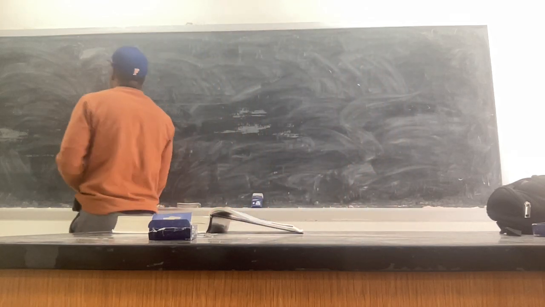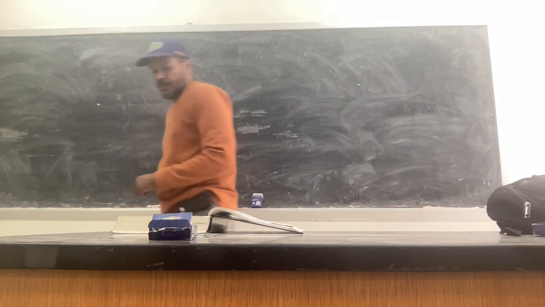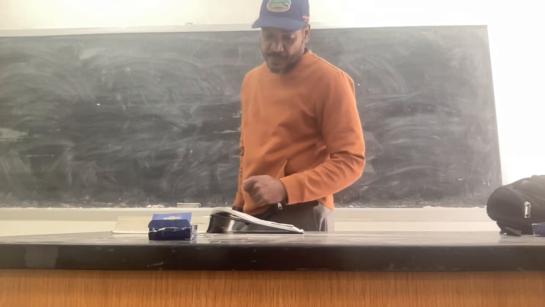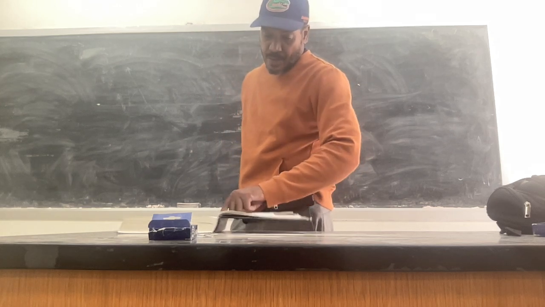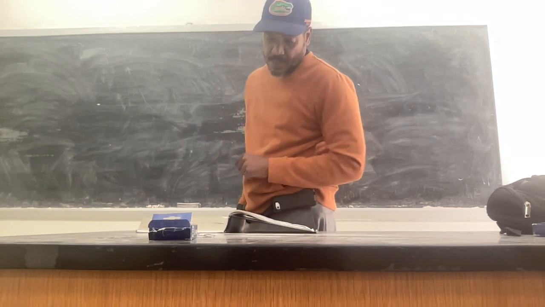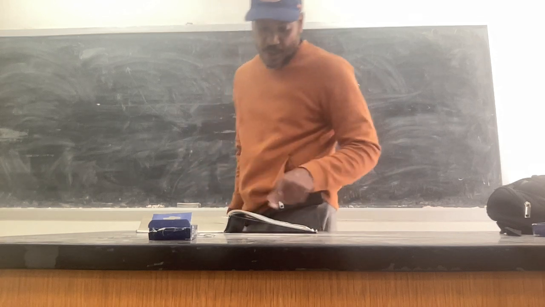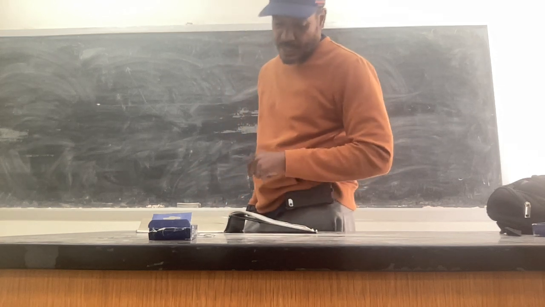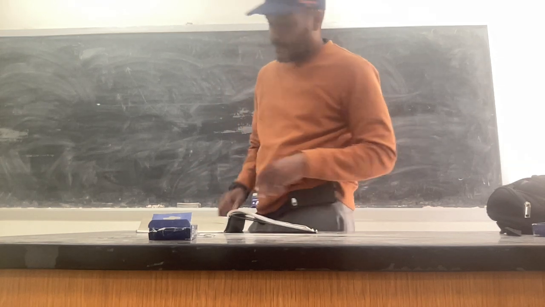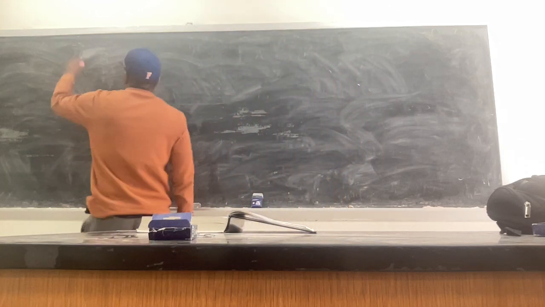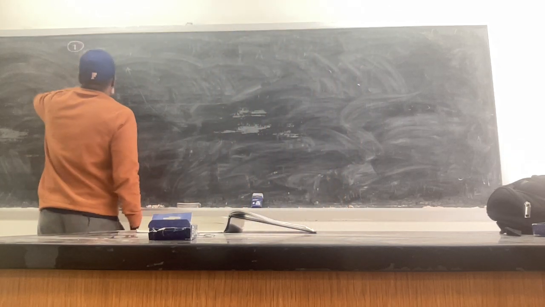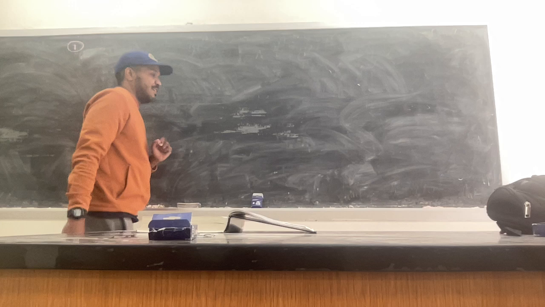Just to go through the problem-solving procedure, it says how far did the ball travel before hitting the ground? So, how far did the ball travel? That means we're looking for what? Distance. Good.